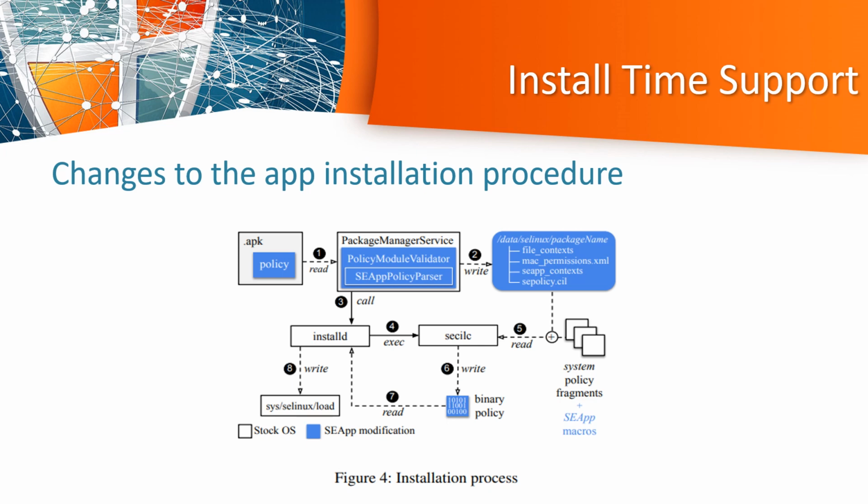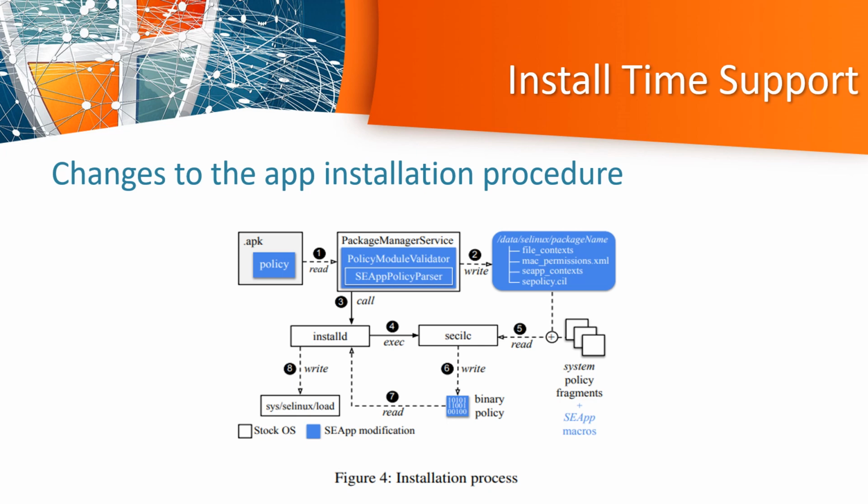When an app has a policy module attached to it, the package manager service extracts it and uses the researchers' policy module validator to verify the respect of all the constraints of the SELinux policy and of the configuration files. In the case of a violation of a constraint, the app installation stops.